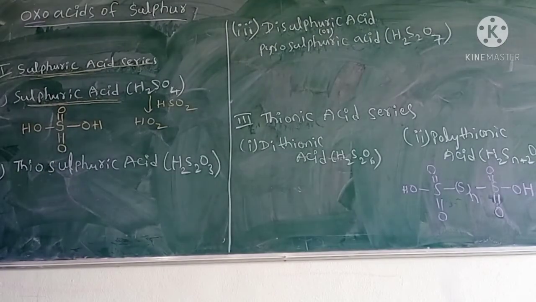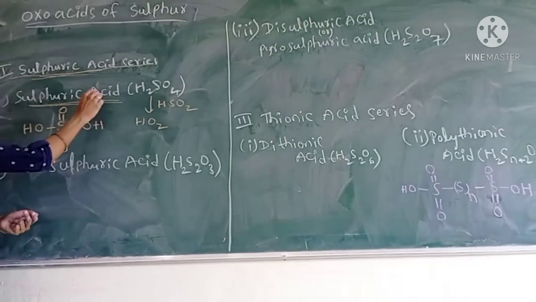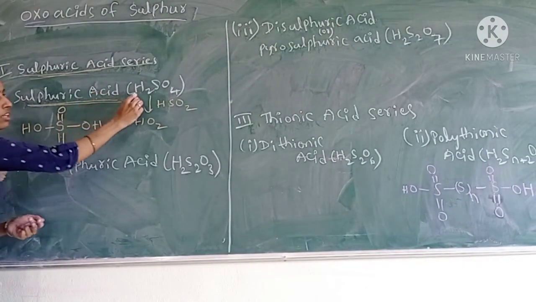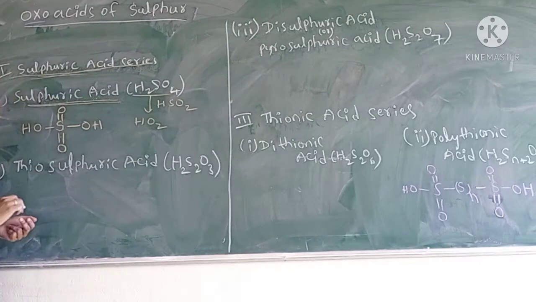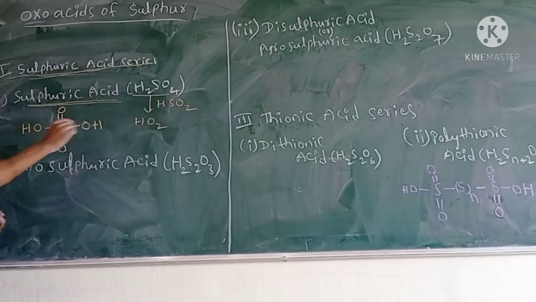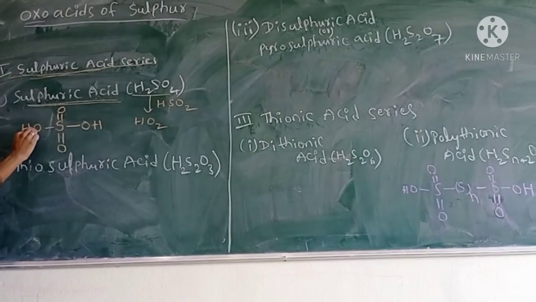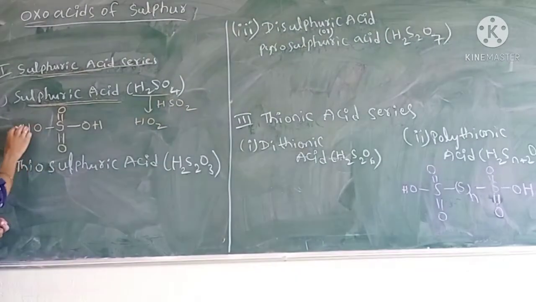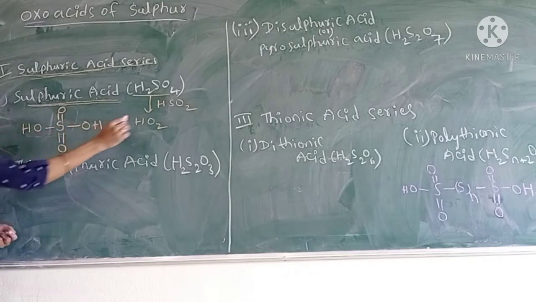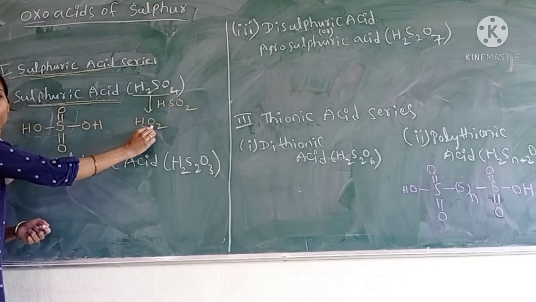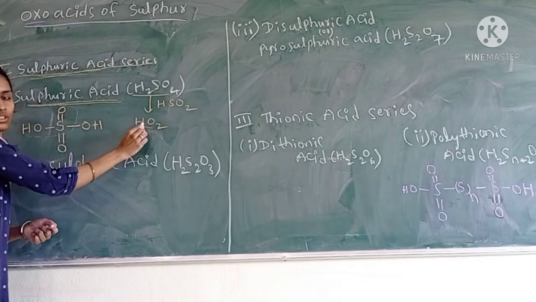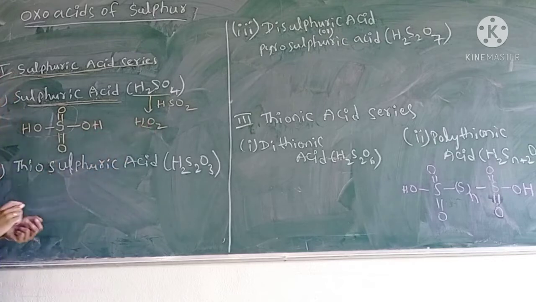So sulfuric acid, you know, the most famous acid, and the sulfuric acid formula is H2SO4. So how to write the structure? Just put S double bond O and OH first, and then after removing this group, what remains here? HO2. So one hydrogen remains and 2 oxygens remain.